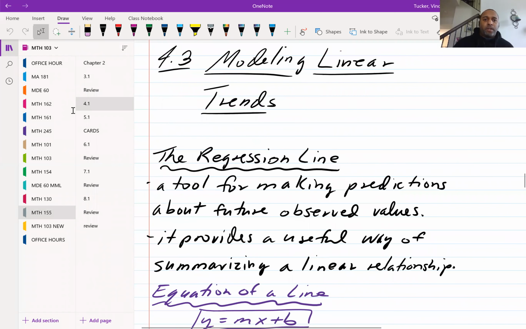So we should be able to do 4-3 and 4-4 today. 4-3 is modeling linear trends, so we're going to look at the regression line. The regression line is a tool for making predictions about future observed values. It also provides a useful way of summarizing a linear relationship.